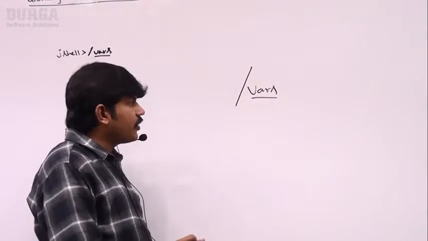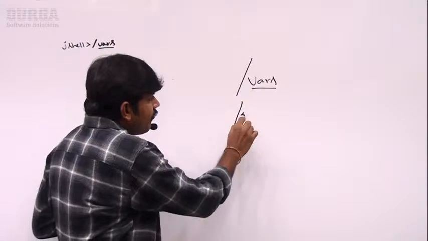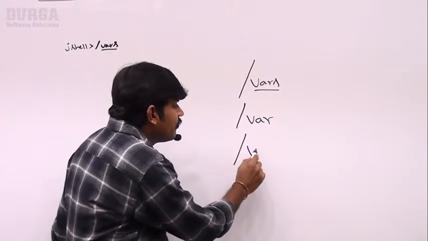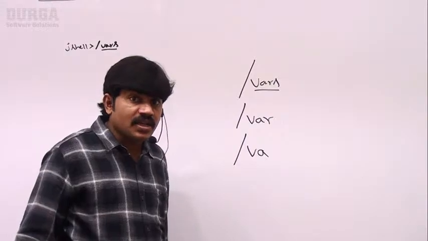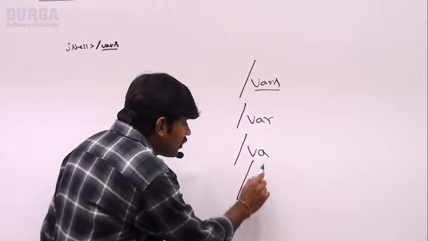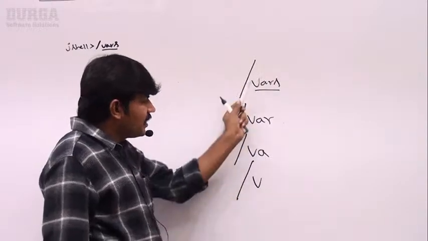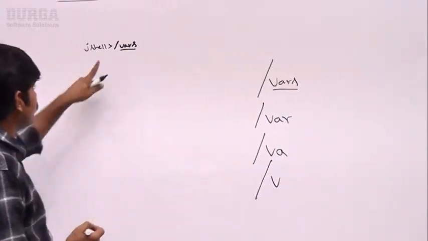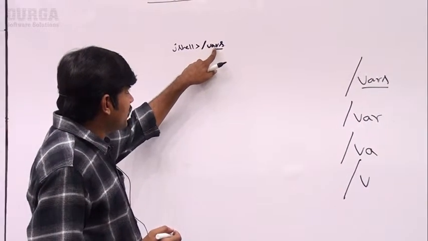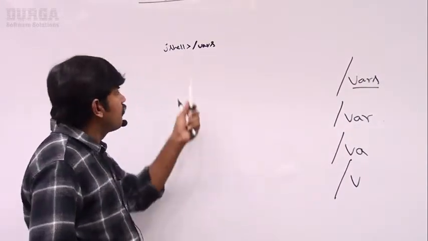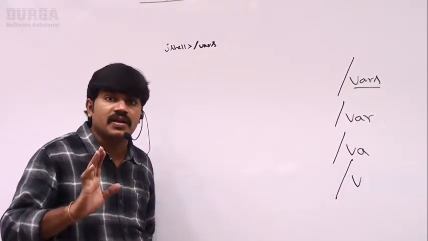But very fortunately, /var is also valid, or even /va is also valid. My JShell can understand it. Or simply /v is also allowed, no problem. Based on your comfort, you can use anything. Yes, the command name is /vars. Happily, you can get all available variables present inside our JShell currently.